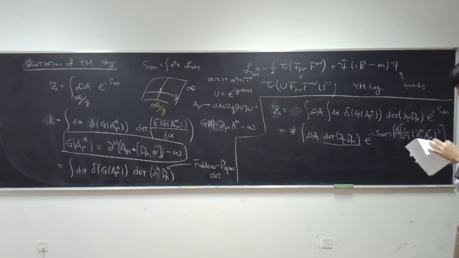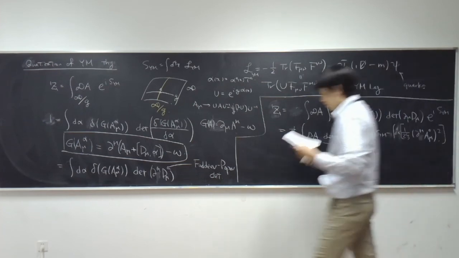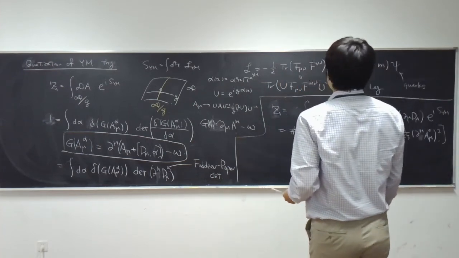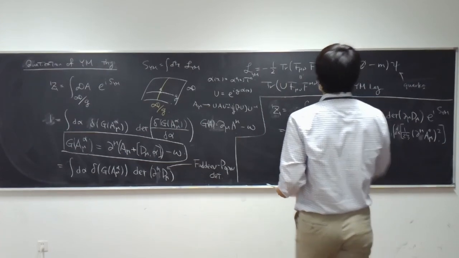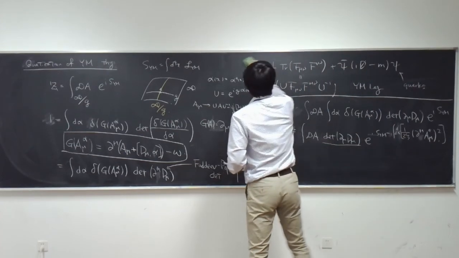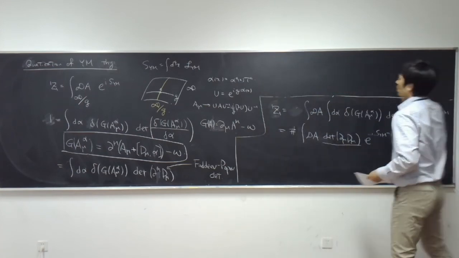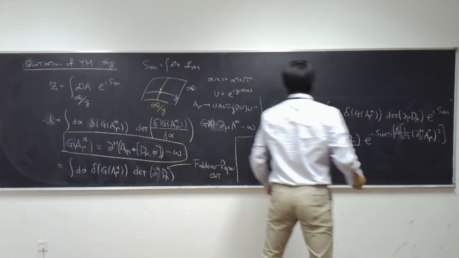Now we are going to use the following trick: we introduce the determinant as a Grassmann integral.